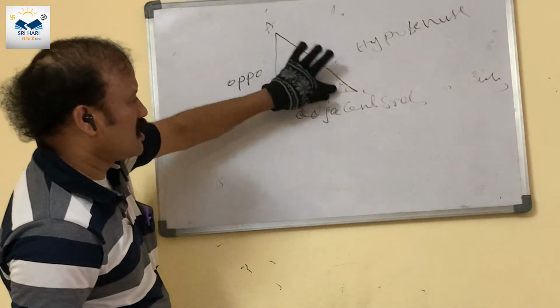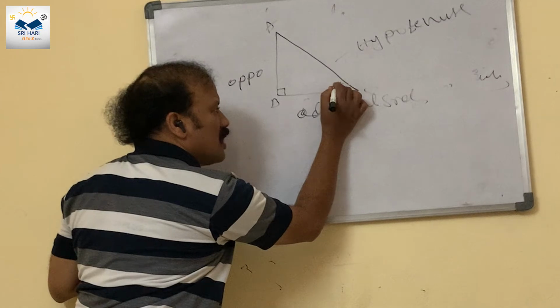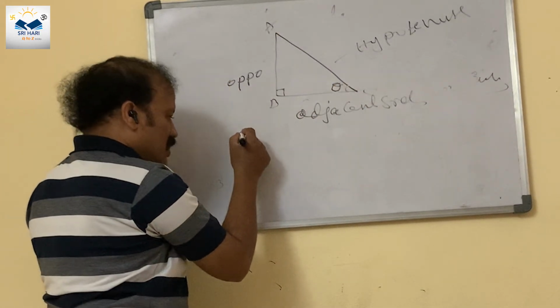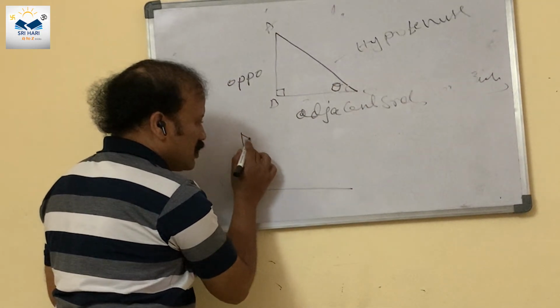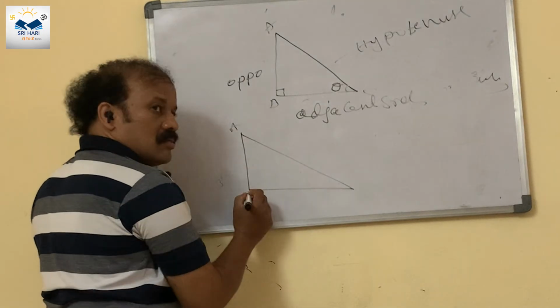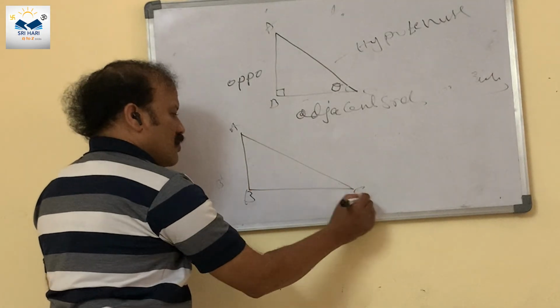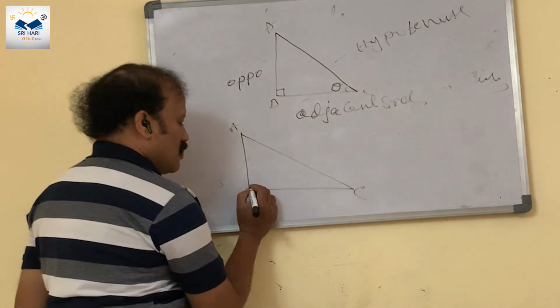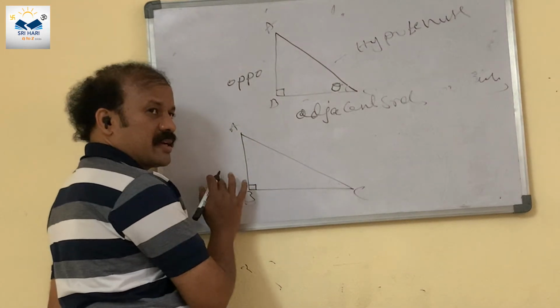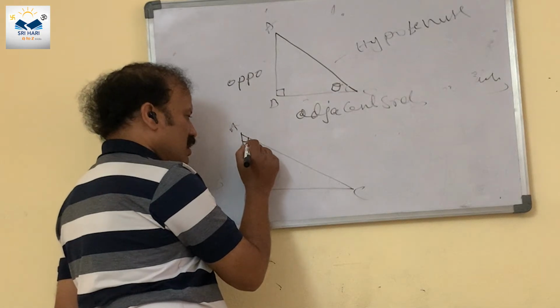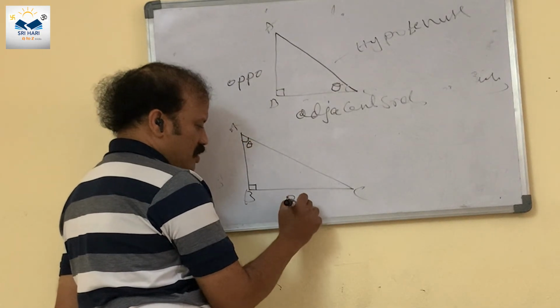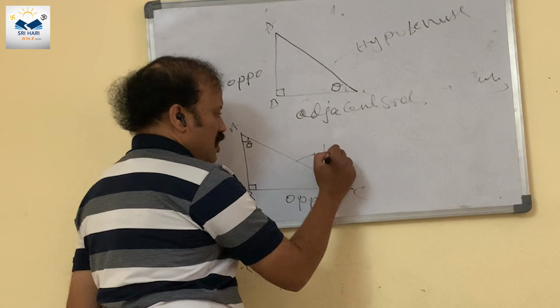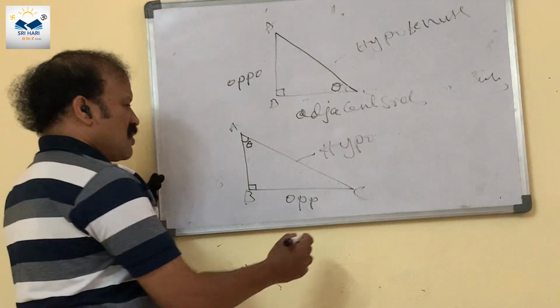Why? Because theta is here. That's why. If you keep theta here, this is the opposite side. Another triangle I'm drawing. A, B, C. So 90 degrees. The theta here. It is the opposite side.